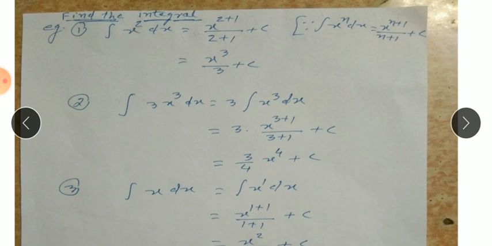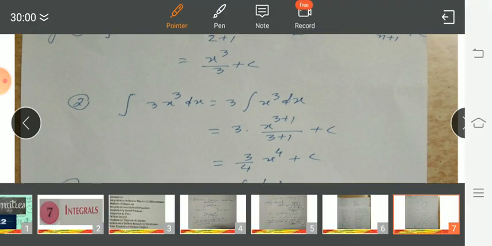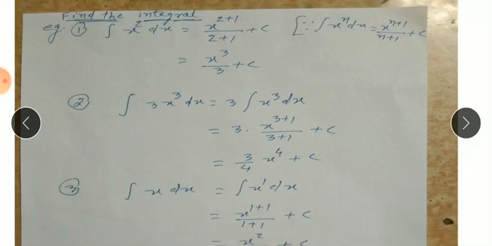Substitute in the formula, x raised to n plus 1, that is 2 plus 1, upon n plus 1, which means 2 plus 1. We can write x cube upon 3, that is, 2 plus 1 is 3, x cube upon 3 plus c.